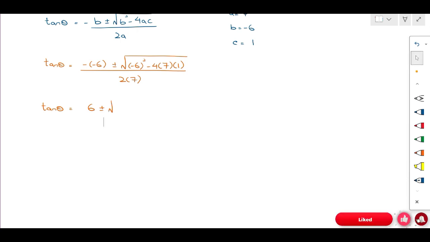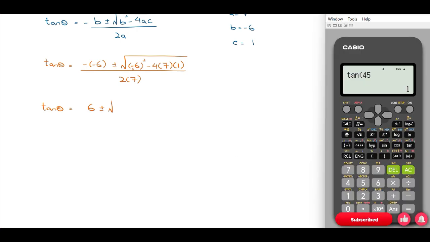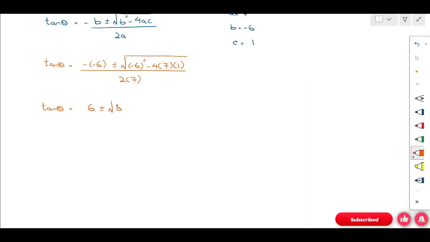Let me simplify this: negative 6 squared would be positive, 6 times 6 is 36, and then minus 4 times 7 times 1, which is 28. 36 minus 28 is 8, divided by 2 times 7, which is 14.